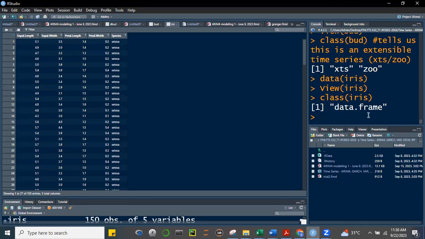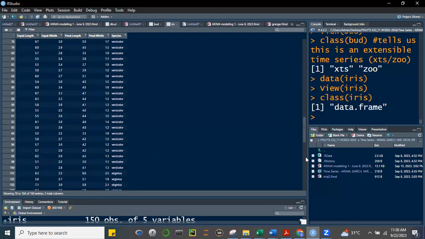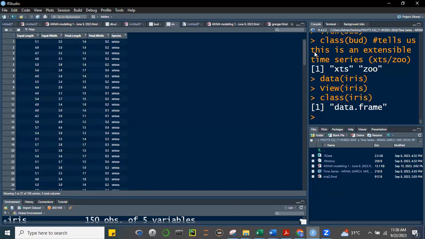This is the class of data that you should be using, data.frame, because each column is distinct. It has a name, and each observation is a measure of each of the columns. They're distinct observations. All right, so this is a data frame.